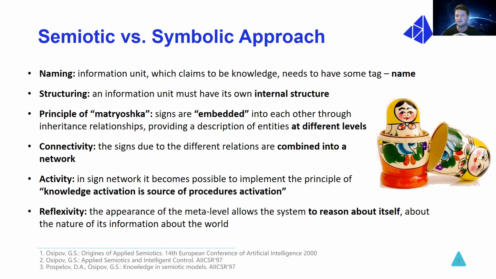Another idea is that any piece of information, as it has internal structure, could be decomposed into its parts, and then we have the ability to look at the same piece of information from different levels of abstraction. And that depends on our current task at hand and what we want to do with this.